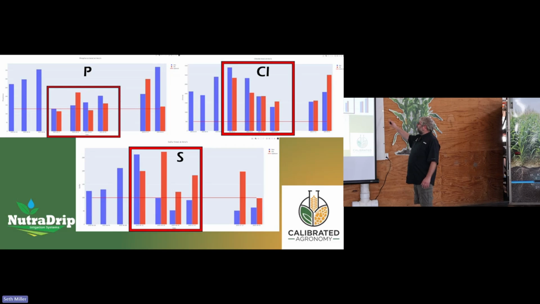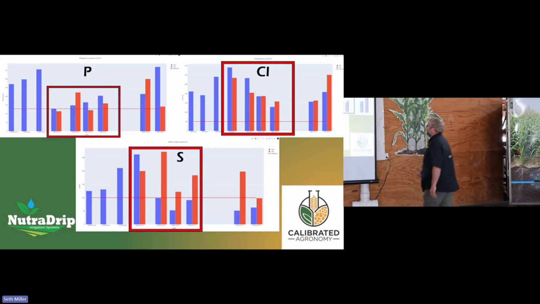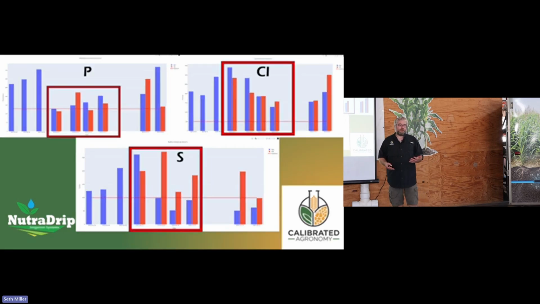Then he has to turn the water off, and our phos immediately goes down and our chloride goes way up. You see the inverse of the chloride and the phos here, because this is after he's forced to stop running the treatment, and it just keeps raining and raining.